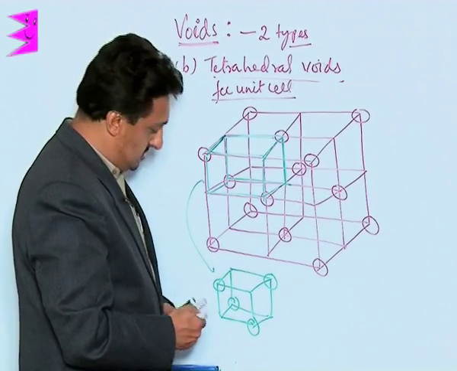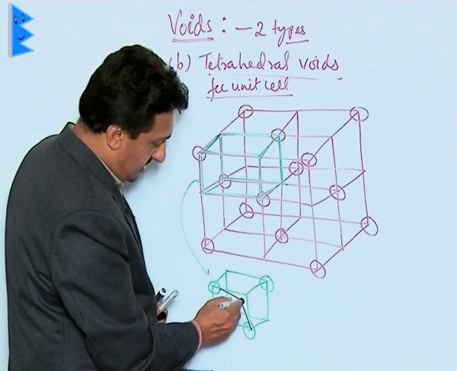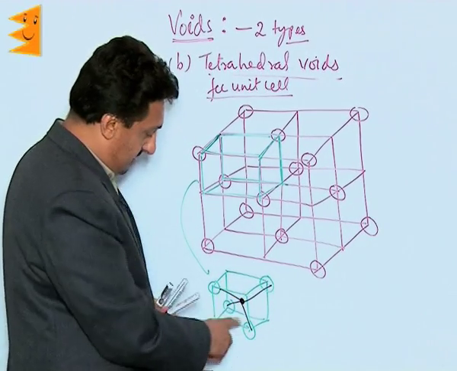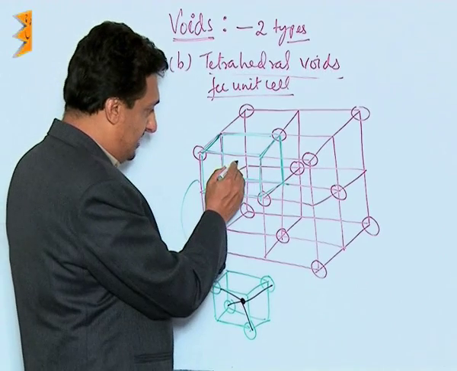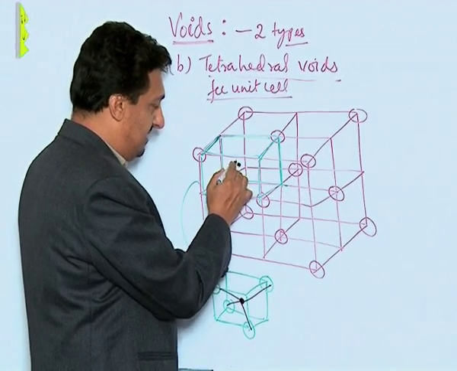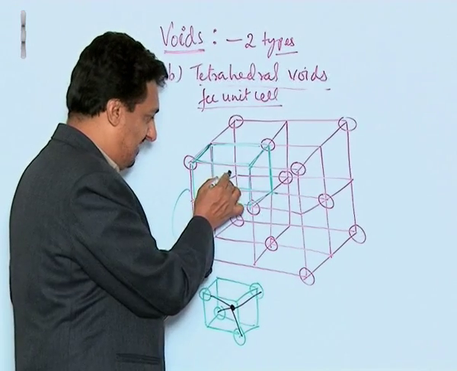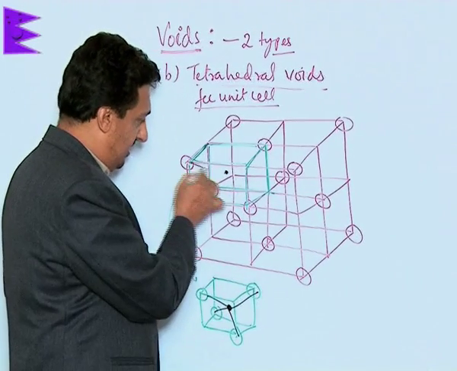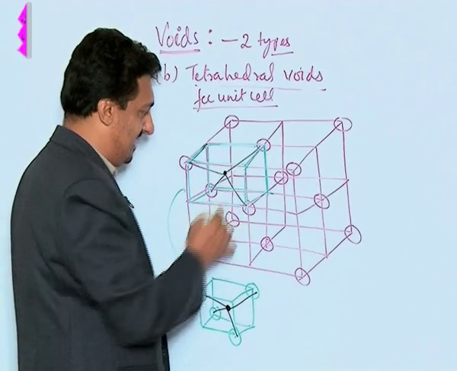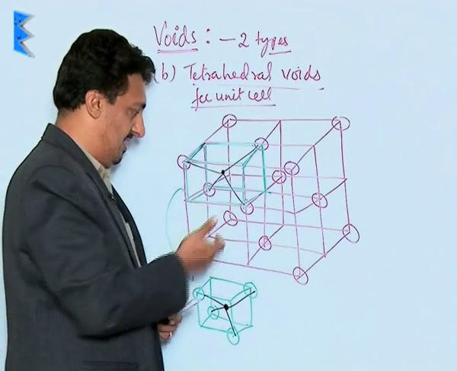Now you can easily make out, if we have a particle at the center of this, it will be in contact with all these 4, and that means what? The center of this 1/8 part is basically a location of a tetrahedral void, because a particle here will be in contact with 4 such particles, and it is arranged in a tetrahedral shape.